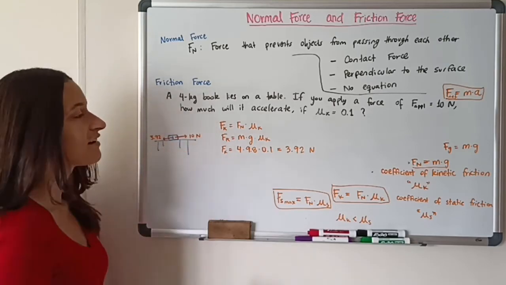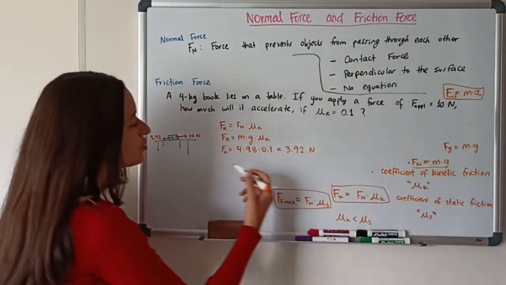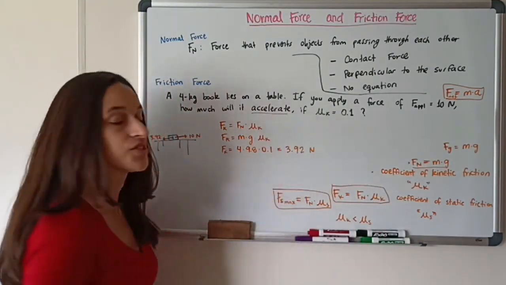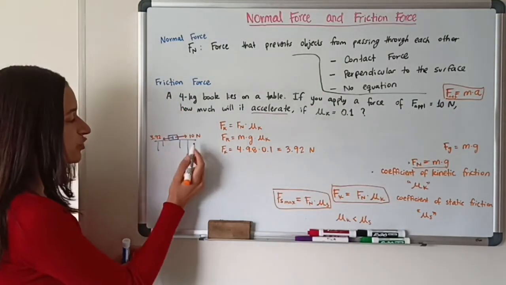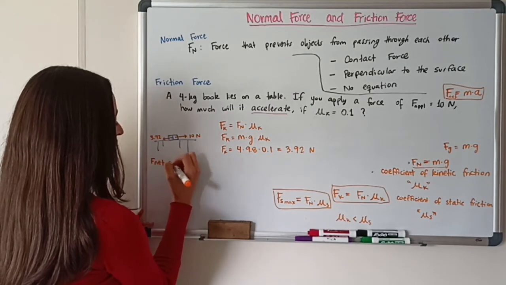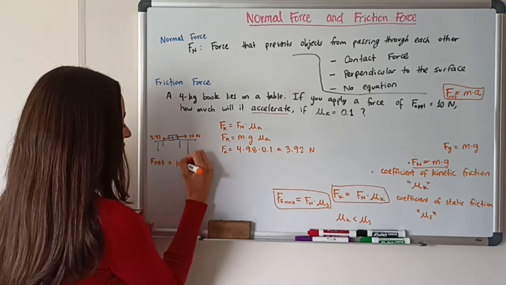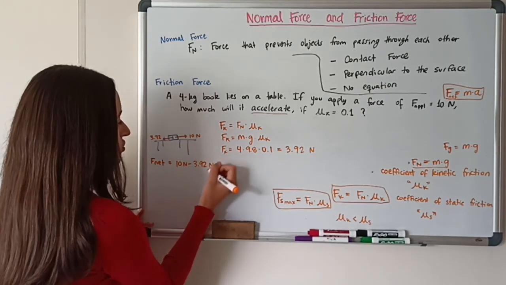And we're going to have to use Newton's second law, F net equals ma, to calculate the acceleration, which is what we're being asked for. So we need the net force. And we have two forces. So just like last class, we're going to figure out the net force by subtracting 10 to the right minus 3.92 to the left.